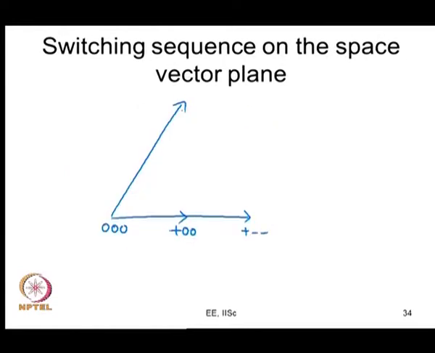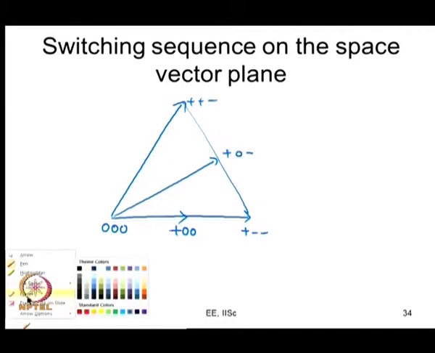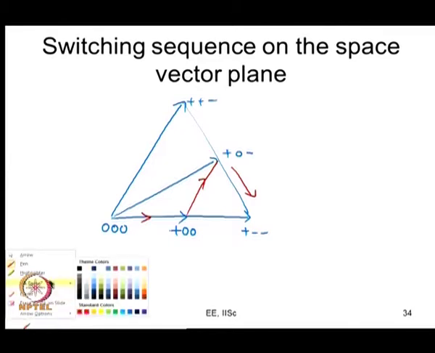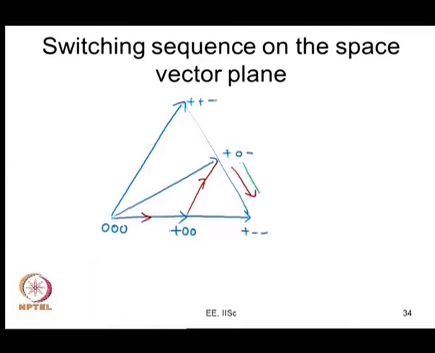Plus minus minus is here, and plus 0 minus is here. So, the nature of state transition here is you start from here, then here, then you go here, and in the next subcycle you will come back in the opposite direction. So, this would be your sequence. This would be how you are going to change.